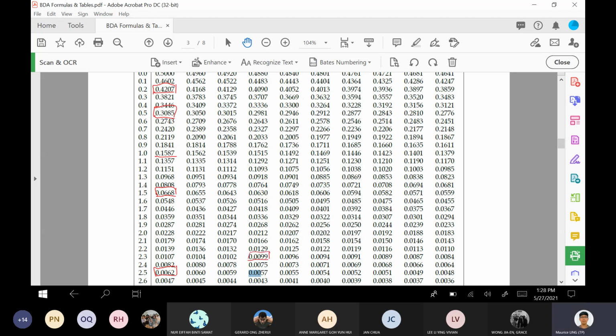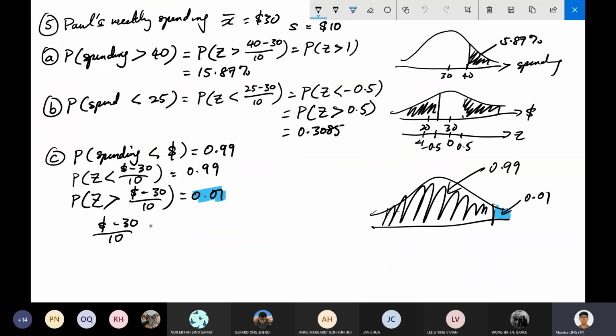This is the next number. So it's 0.230, 0.231, 0.232, 0.233. Okay. Because if you take 0.232, you are going to have less than 99%. So this gives you 2.33.